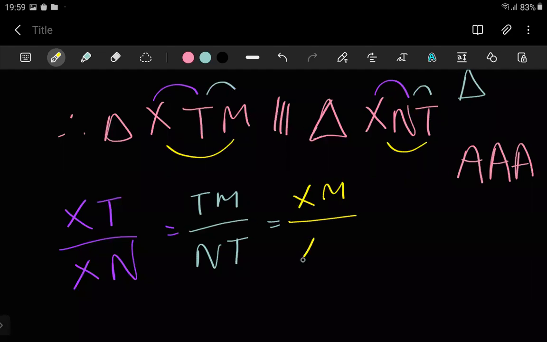The reason for writing all these three will just be proportionality theorem.